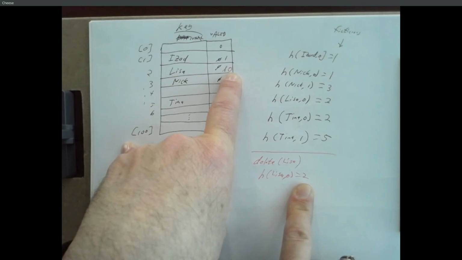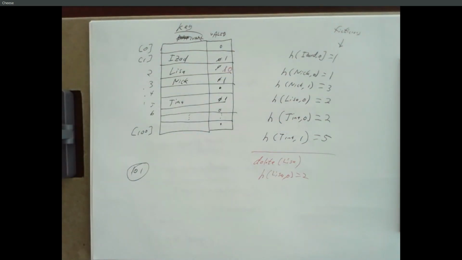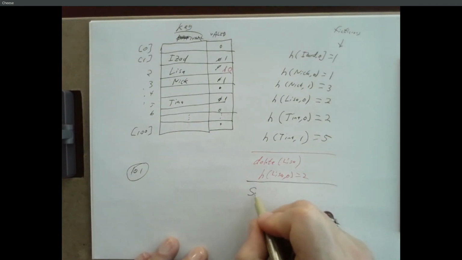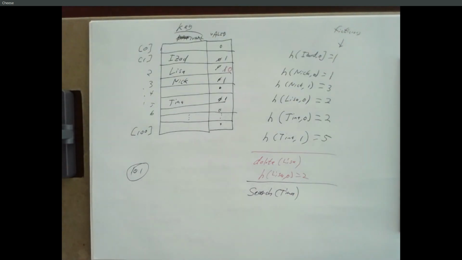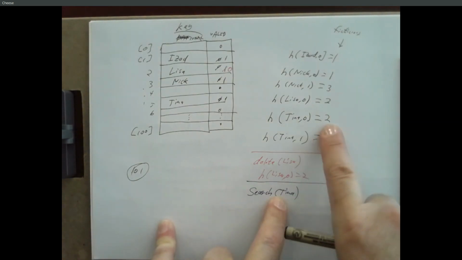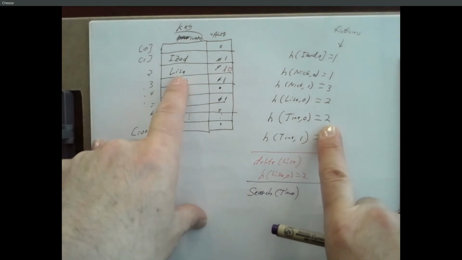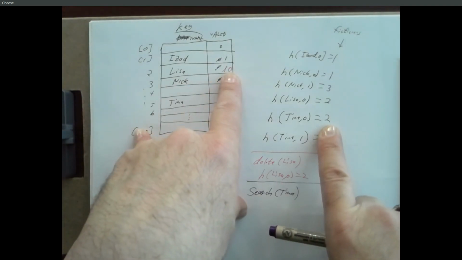But there's a problem now. So here's the problem. We're searching for Tina. So we hash that name with a probe of 0, we get a 2, we go to location 2, it's got a valid flag of 0.